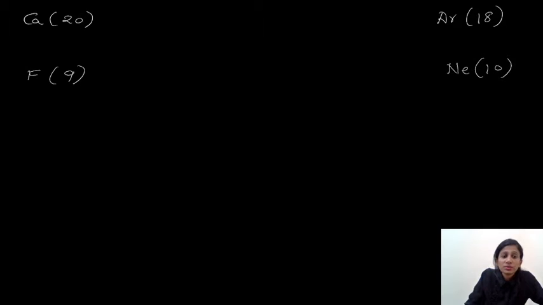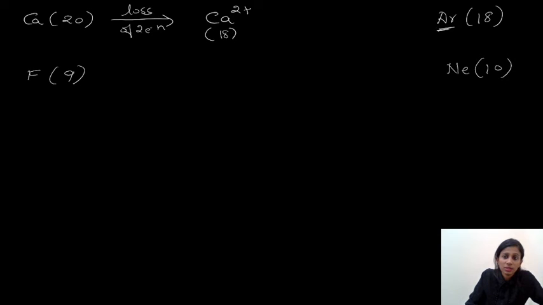So calcium tends to lose 2 electrons in order to become stable. So the charge of calcium will be 2 plus, because it will lose 2 electrons. And when it loses 2 electrons, the number of electrons in calcium becomes 18, and the electronic configuration will match with argon.